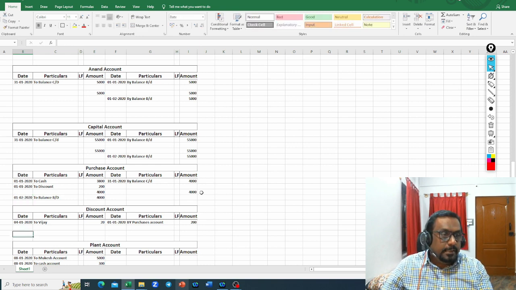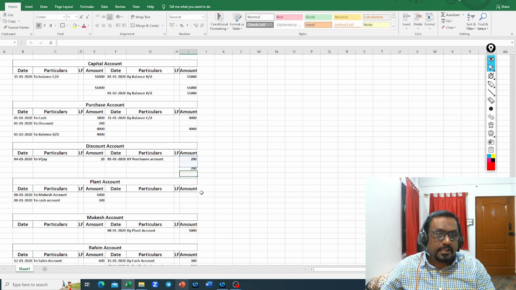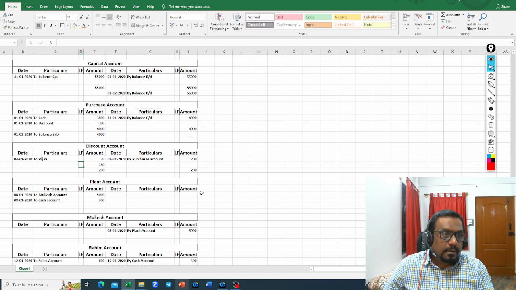Clear? Then move on to discount account. Discount account, this side we have the higher value. So let us total that, 200, and bring in 200 here and you are left with 190, 180, 180. Correct? 180.